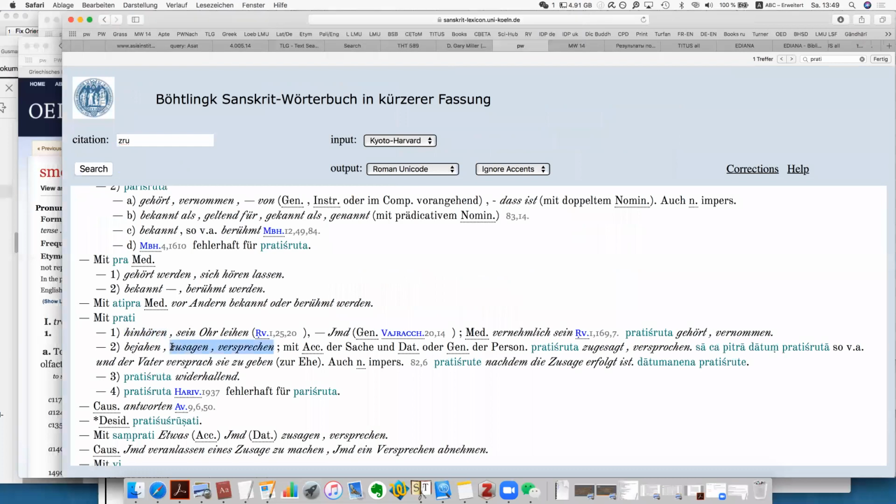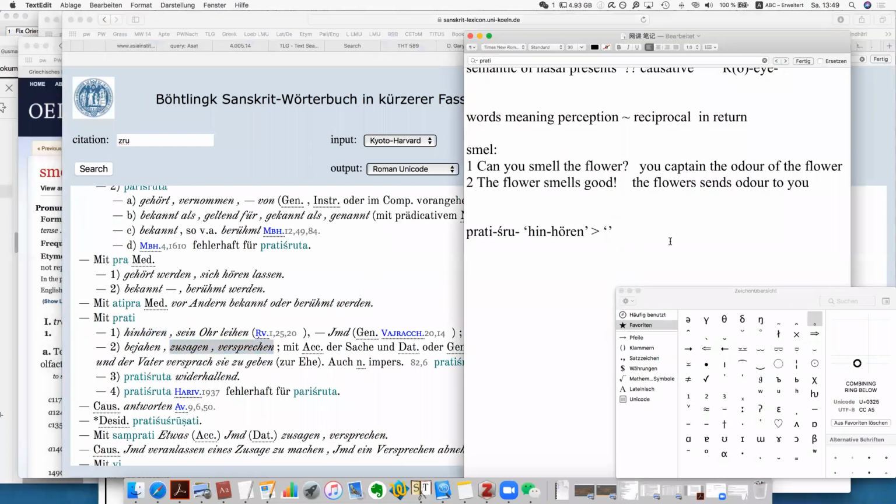So this is one, and then from this hinhören, there's another word that comes, the meaning to assure, to promise something. So this is zusagen, versprechen. So you promise, you say something, right? Zusagen. Zu means towards something. So this example tells us that the words meaning perception, or hear is also a perception, right? Hear and smell and something like this.